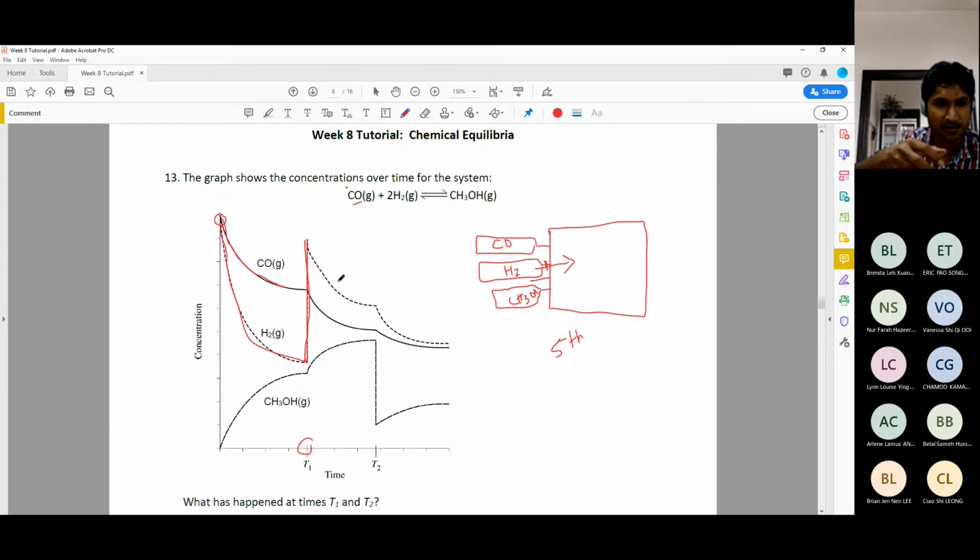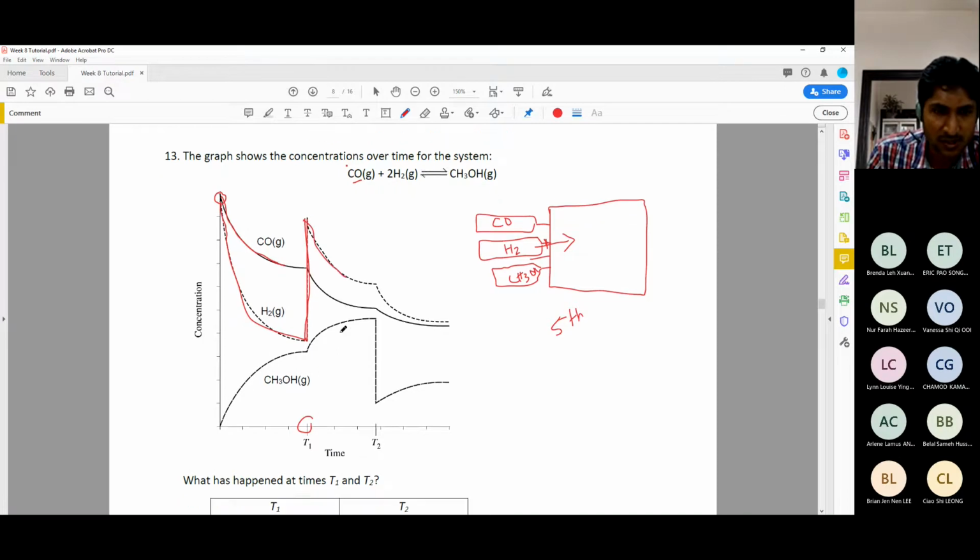After maybe 30 seconds, I close the valve again. So at the same moment, more hydrogen gas is added to the system, and after that, the reaction goes on and the hydrogen starts to reduce.